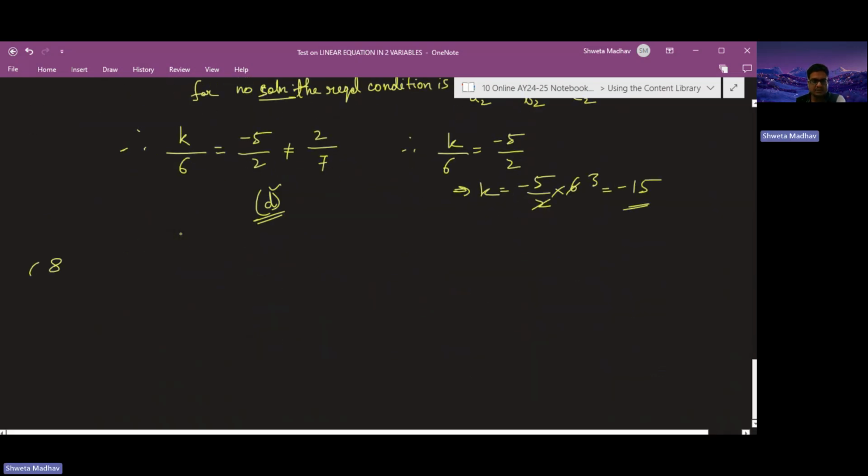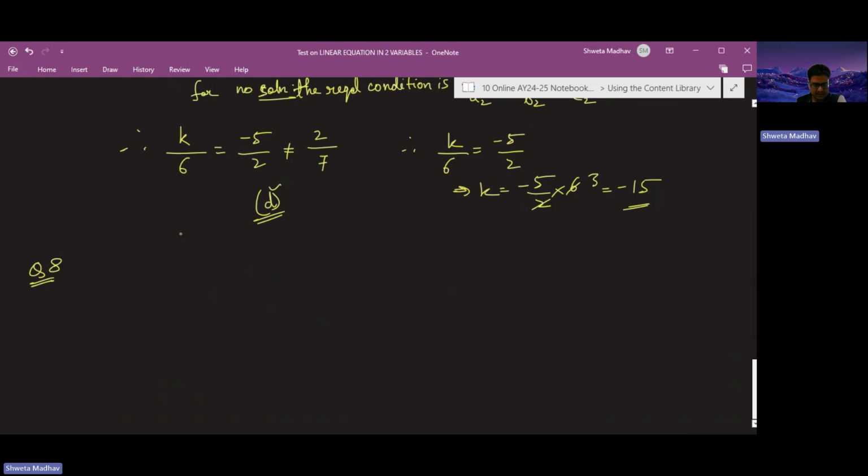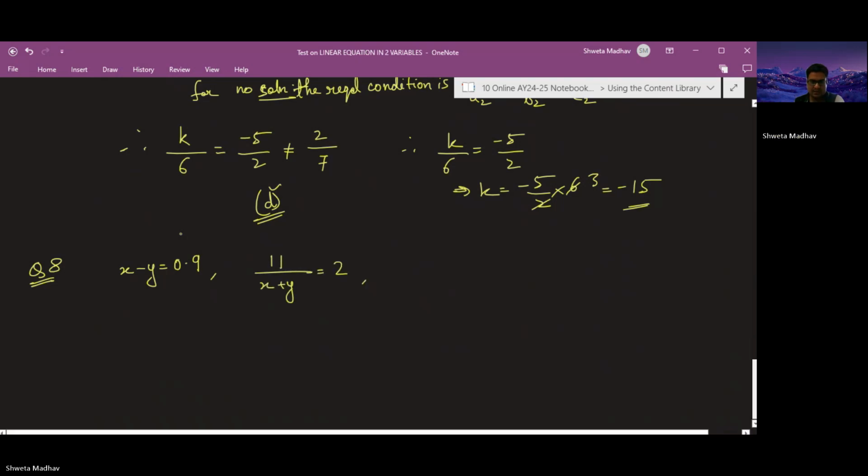Then in question number 8, it has been told that the equations x minus y equal to 0.9 and 11 by x plus y equal to 2 will have a solution.